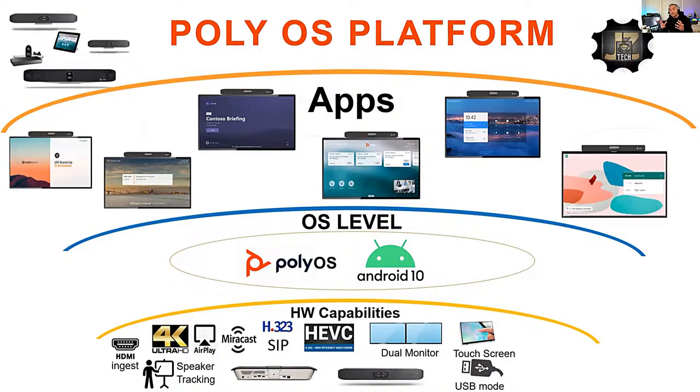This can be upgraded independently. These are all at the application layer, all separate APKs running on the PolyOS. From Teams Admin Center or from Zoom Device Management, from all those different platforms, you can always upgrade independently if needed.